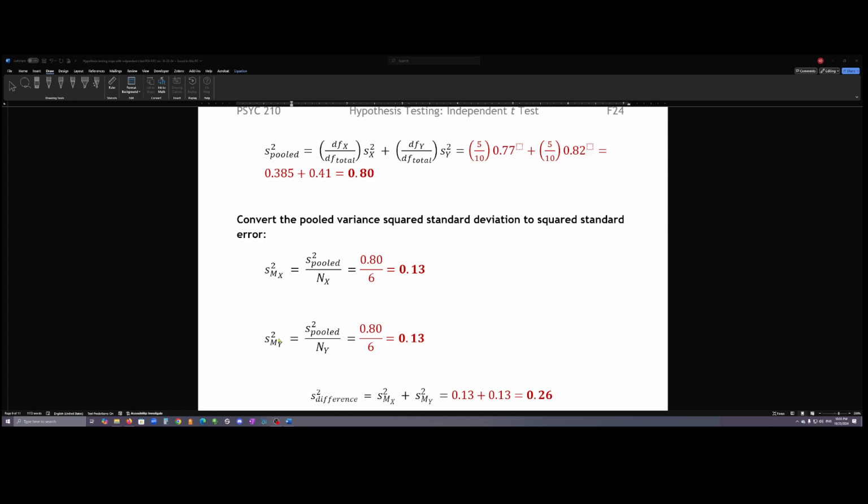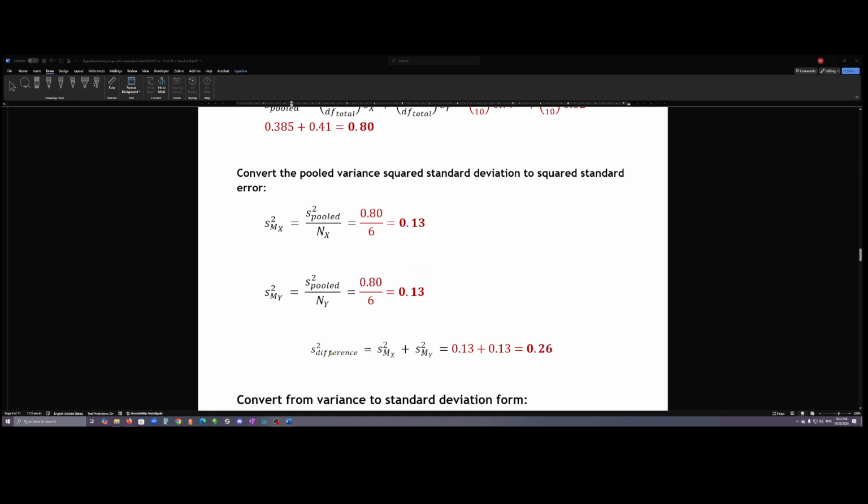For Y and its contribution here, when it comes to the standard error, we have again the pooled variance, which is the same number, that 0.80, and then we divide that by the sample size for the second group, which is 6. Gives us another 0.13. We then add those together.